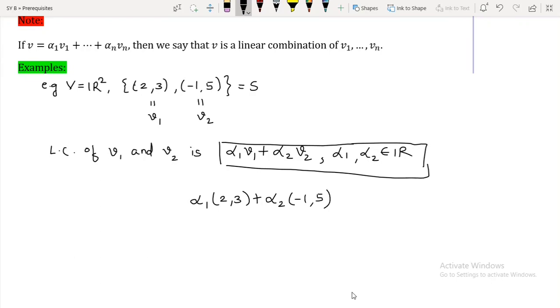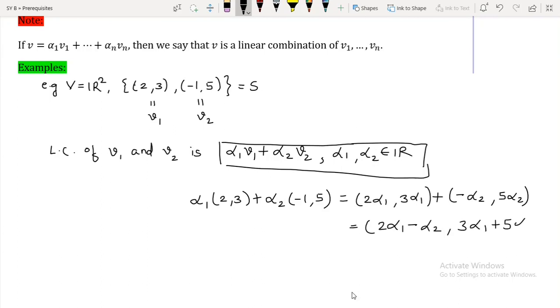Simplifying further, this will be (2 alpha 1, 3 alpha 1) plus (-alpha 2, 5 alpha 2), which is further equal to (2 alpha 1 minus alpha 2, 3 alpha 1 plus 5 alpha 2), where alpha 1 and alpha 2 are real numbers. So this is an important one.